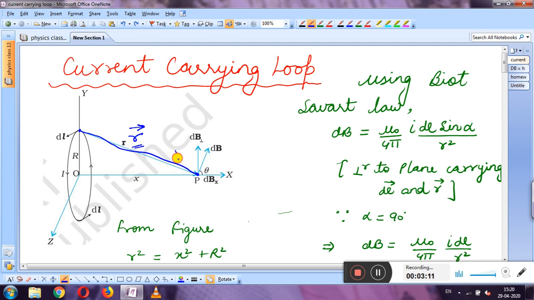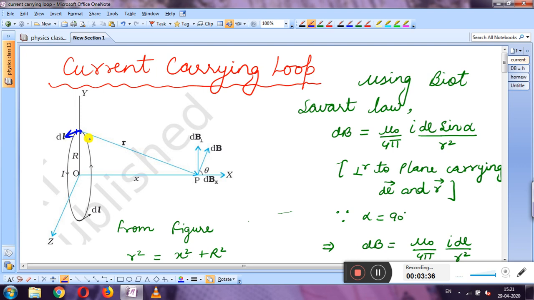The r vector will have a direction from the current element towards the point where we have to find the required field. After all these things, what we have till now is a small current element and its direction, and remember children, this is the direction of the current element, right?